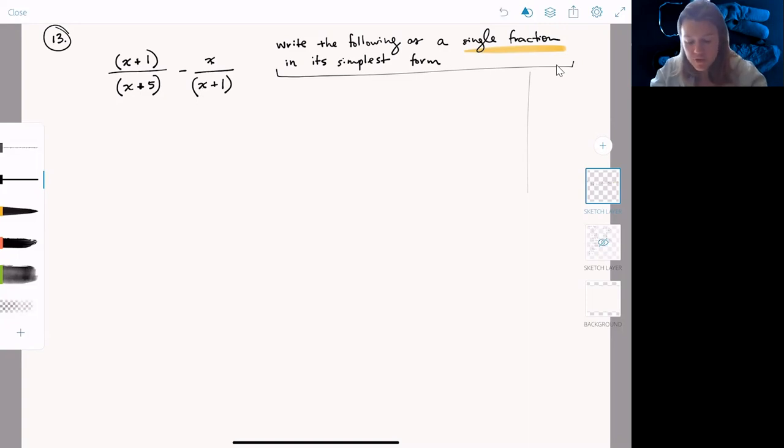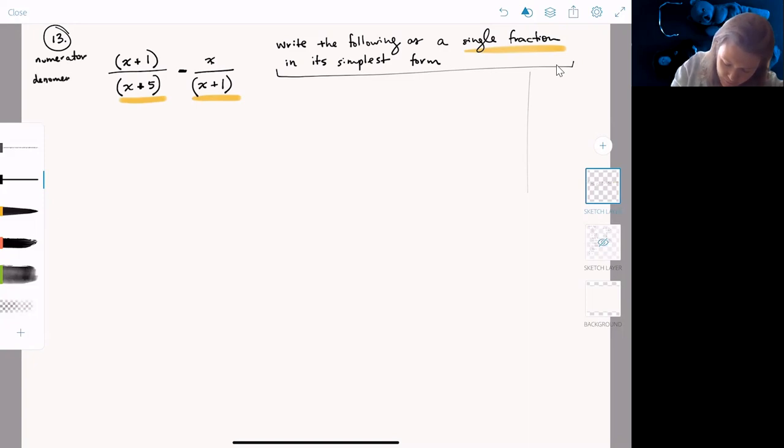So what we have to do when we are adding and subtracting fractions, we have to have the same denominator. So what I'm going to do to make it the same denominator, if you remember also, the name of the top is the numerator, the name of the bottom is denominator.